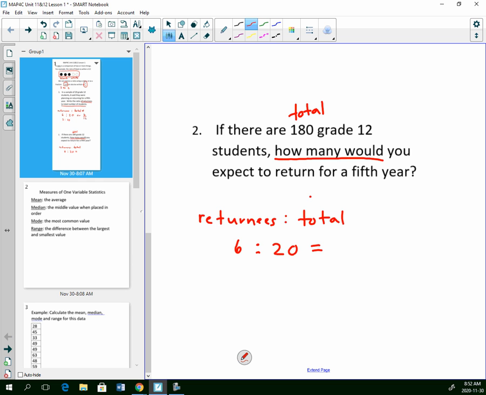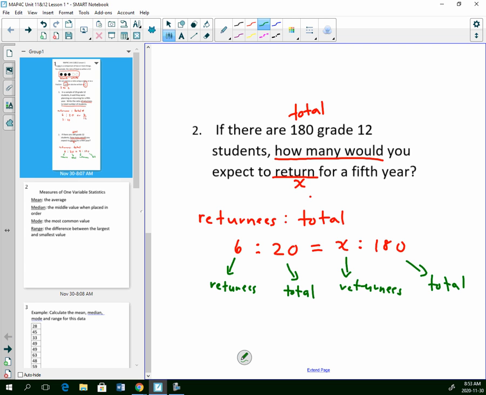How many would you expect to return? So I'm going to use X for that. So X goes in the first spot, and 180 goes in the second. Okay, so you have to make sure you get them in the right order. So remember that 6 is the returnees, and 20 is the total. So when I write my second ratio, they should be in the same position.